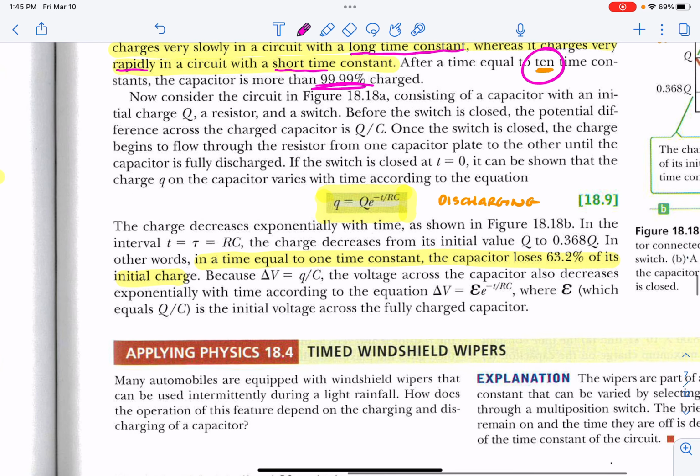Now, the opposite is true when we're talking about discharging the capacitor. So this is the total possible charge that the capacitor can hold. As time goes on during the discharge process, the value of Q, of course, becomes less and less and less.